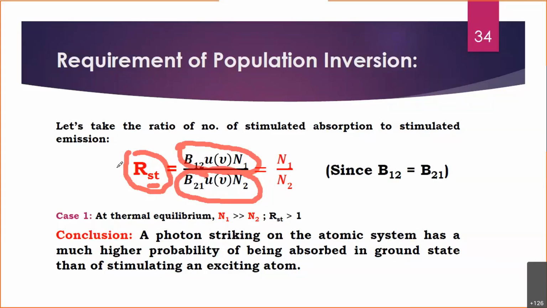So we have just taken the ratio of the stimulated absorption process and the stimulated emission process, and you can see on the screen all such things will cancel out. This energy density will cancel out, and this B12 and B21 will also cancel out. Let me clear it one more time. Let me remove everything, then I will show you what is cancelling out.